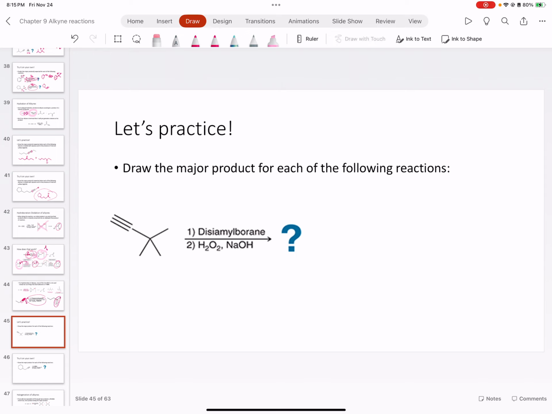So then we're going to do our major products right now. We're going to be breaking the triple bond, converting it to a single bond, and adding a ketone, creating an aldehyde, right?